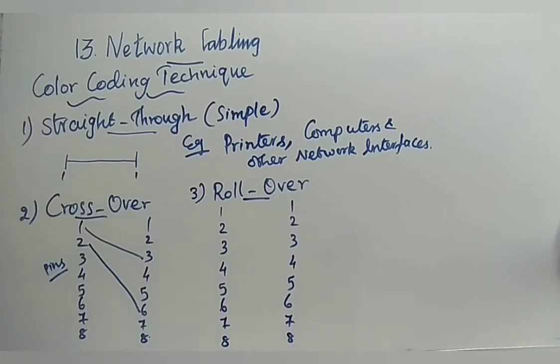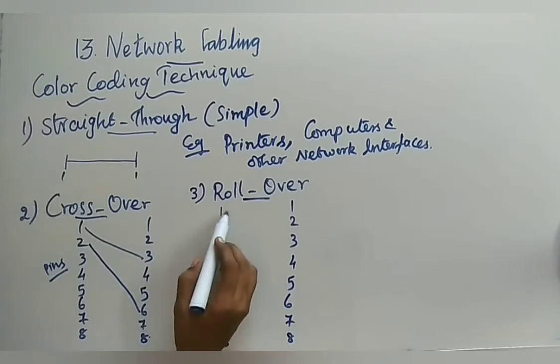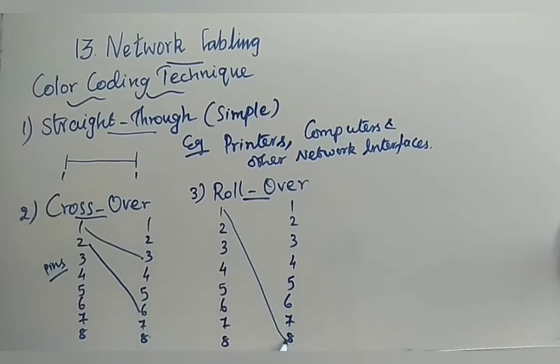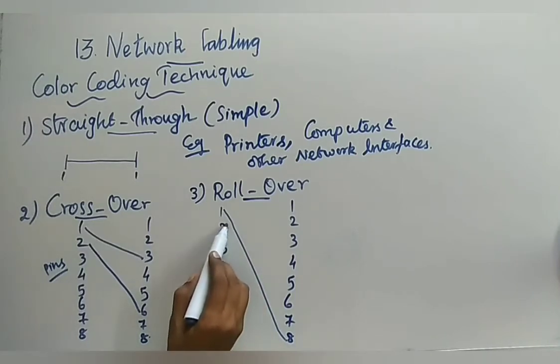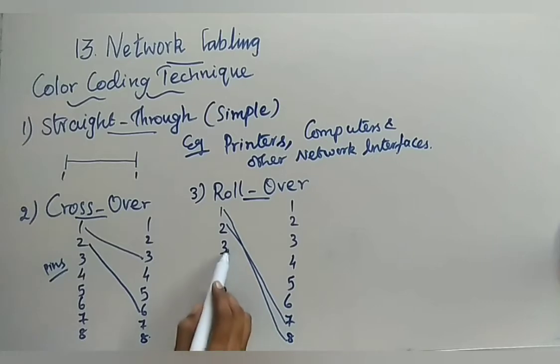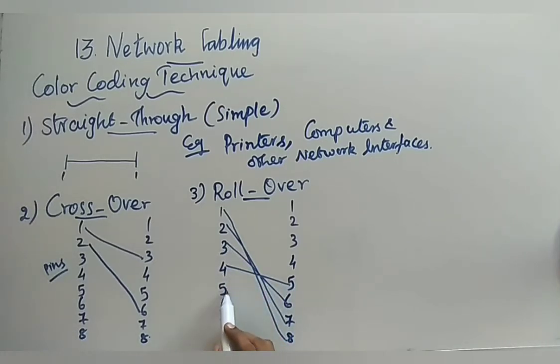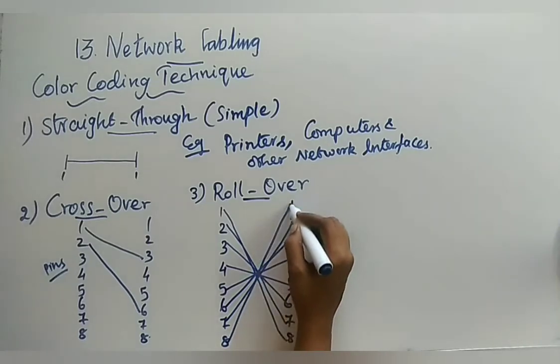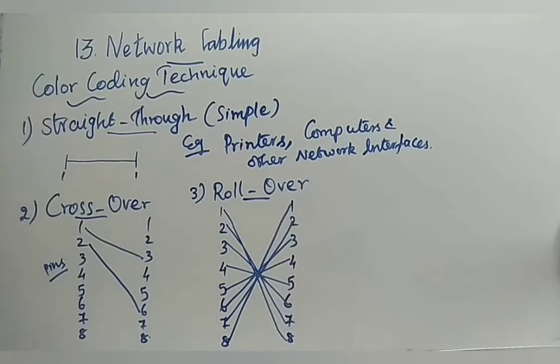So here, rollover means actually what is happening? 1 is connected with 8, 2 with 7, 3 with 6, 4 with the 5th pin, then 5 with 4, 6 with 3, 7 with 2, and the last one, 8, is connected with 1. In this way it will be done.